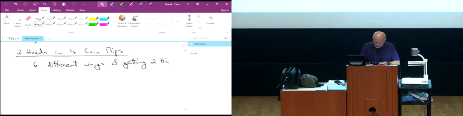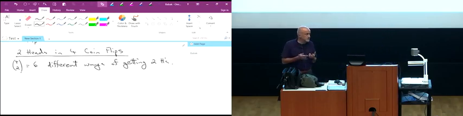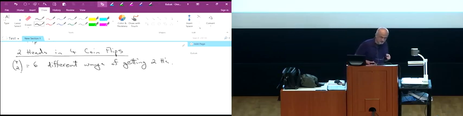First tell me how you got this 6. 4 choose 2. I have a total of 4 flips. I want 2 of them to be successes. How many different ways can those successes occur? This goes back to what you're supposed to know for tonight, which is counting, which is 4 choose 2. So there are 4 choose 2, that is 6 ways of getting 2 heads out of 4 flips.